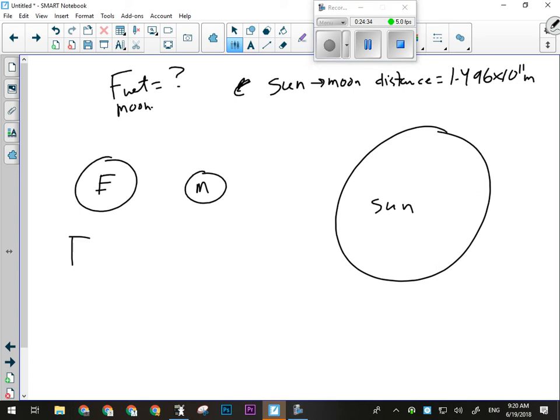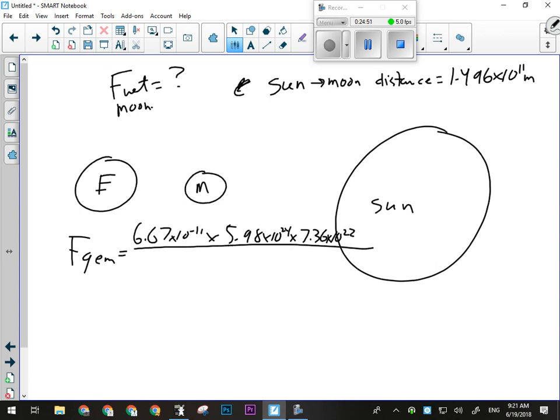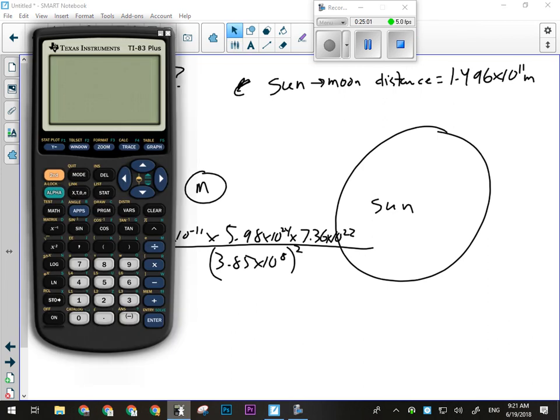All right, so we're going to have force of gravity between Earth and Moon. That'll be 6.67 times 10 to the minus 11 times 5.98 times 10 to the 24 times 7.36 times 10 to the 22 divided by 3.85 times 10 to the 8 squared.